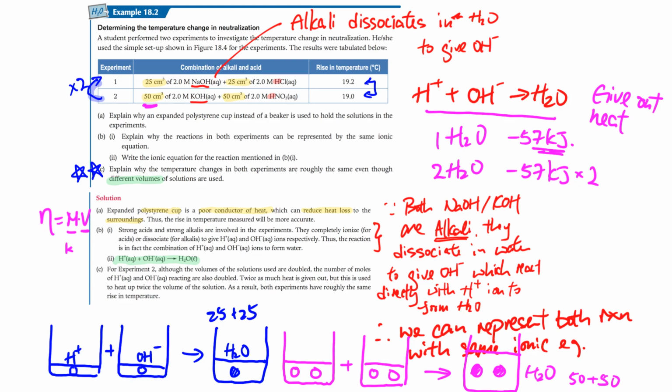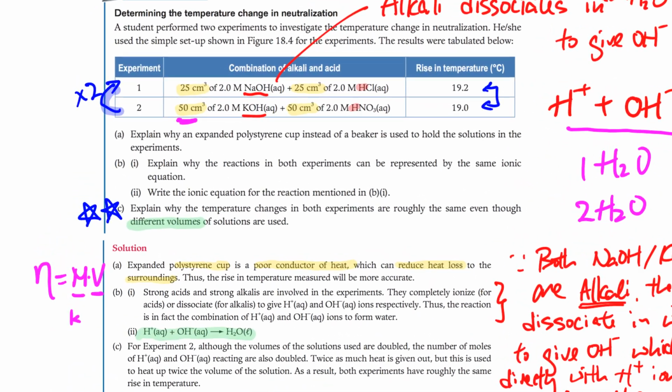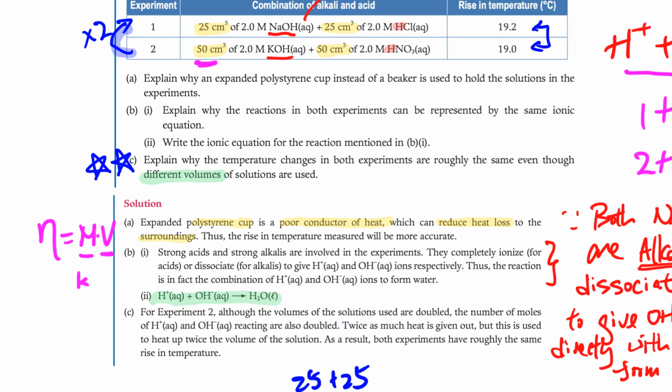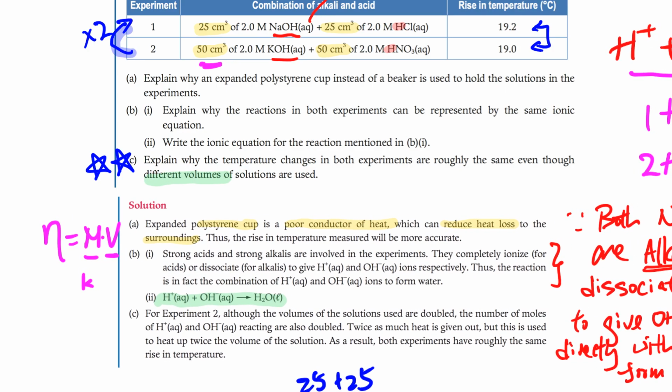It sounds very complicated in the process. When we try to present it in words, how does it look? You can have a look here and see how they are going to say it. In experiment 2, although the volumes of solution used are doubled, the number of moles of H plus and OH minus that react are also doubled. So the volumes we have used are doubled, and the number of moles of water formed is also doubled.